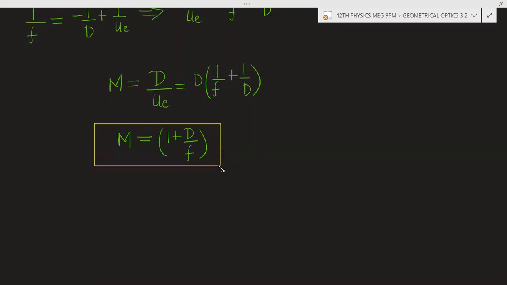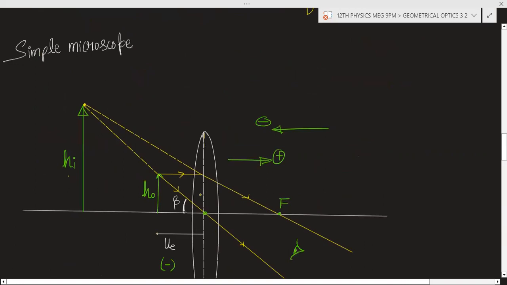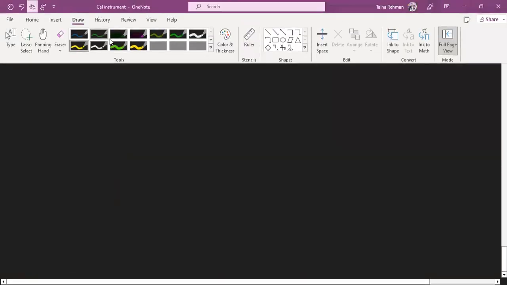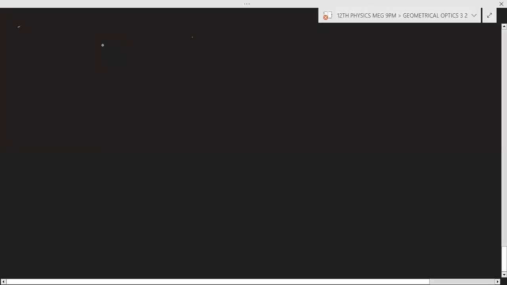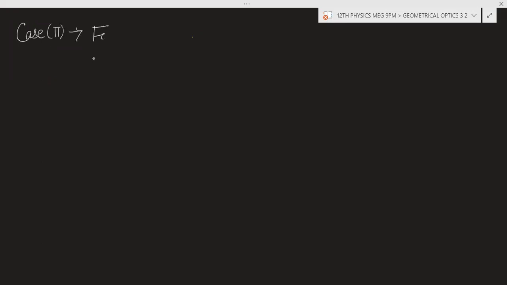Now there is another case, for normal adjustment or for the relaxed eye. For the normal adjustment of the microscope, or the relaxed eye, what will be the magnification? Case number second.